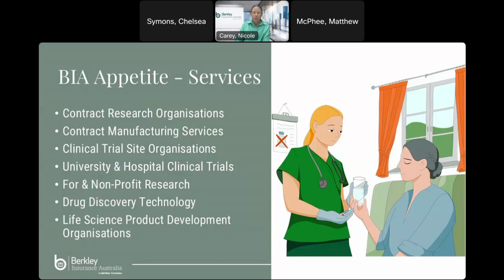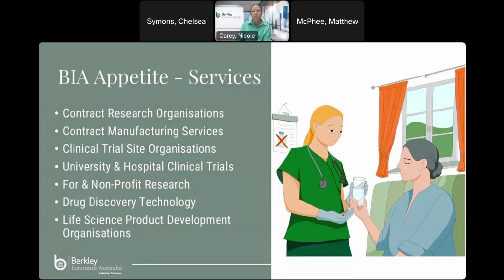The sponsor is a person who develops all the trial protocols, so the processes and procedures that are related to the clinical trial. And the clinical trial site organization is the organization that's responsible for recruiting patients, and then they run the clinical trial on their own site in accordance with the protocol.